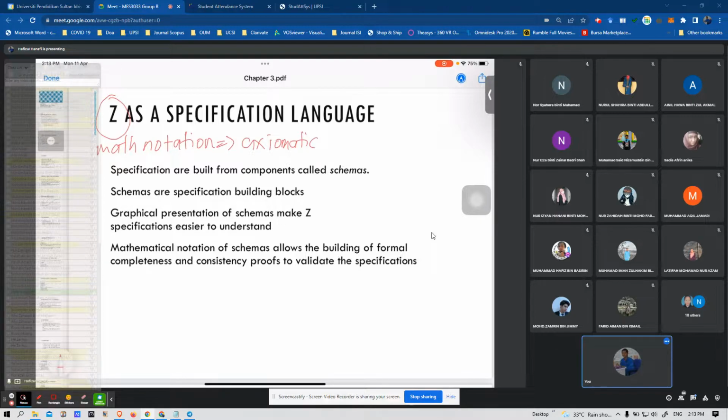Mathematical set theory. And then we have first-order predicate logic.